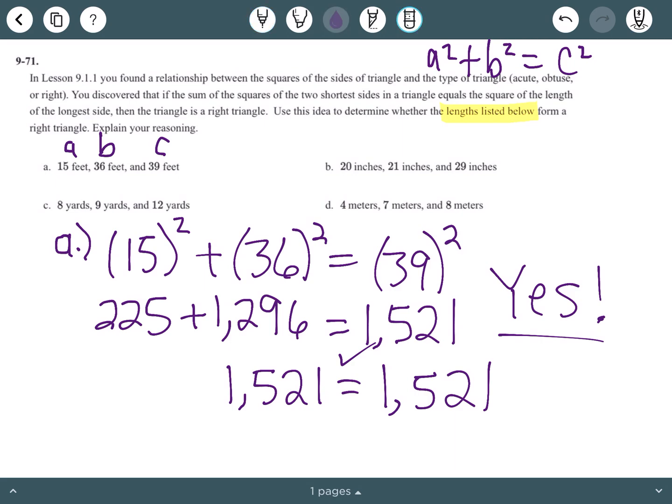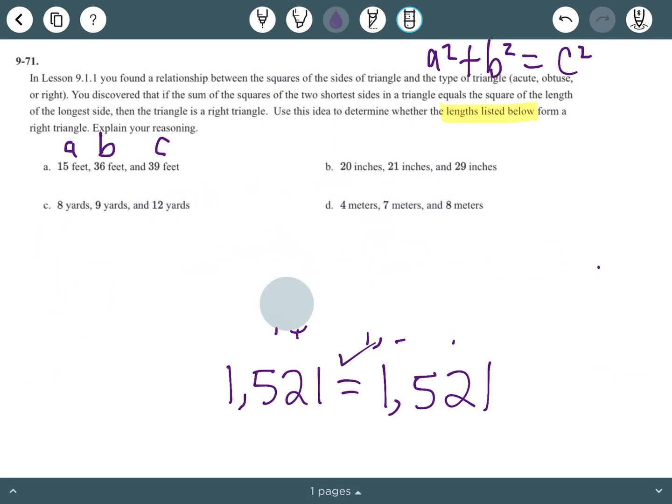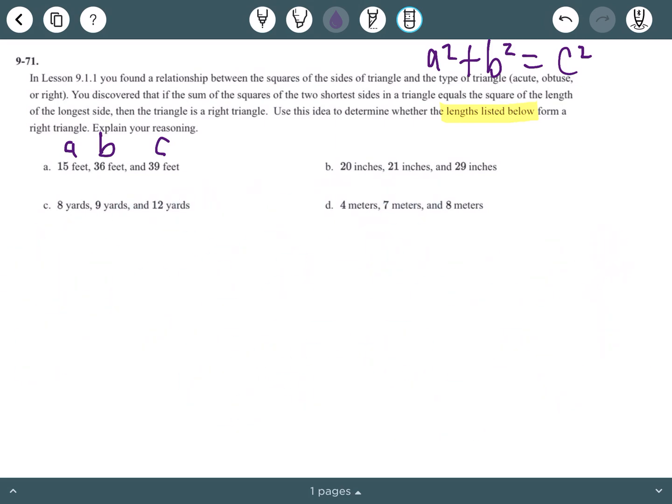All right, on to part B. Part B gives us three side lengths. We have the two shorter side lengths, and the longest is our hypotenuse. Remember that the hypotenuse has to be C in our equation.